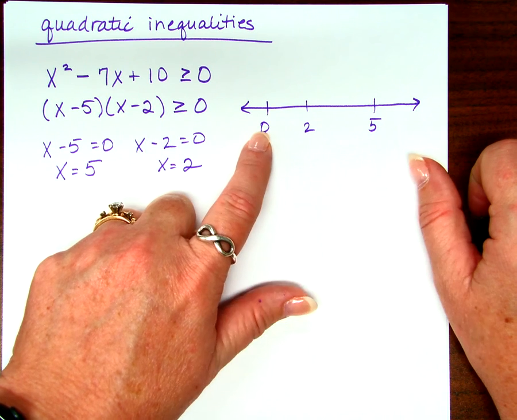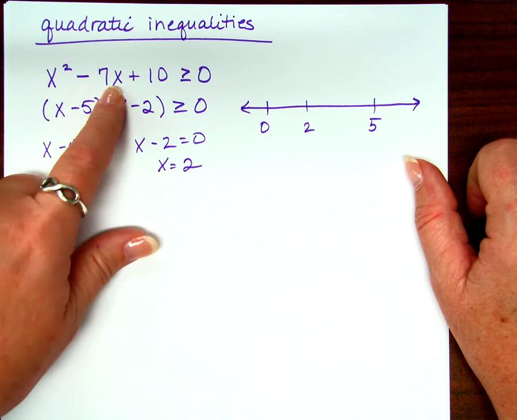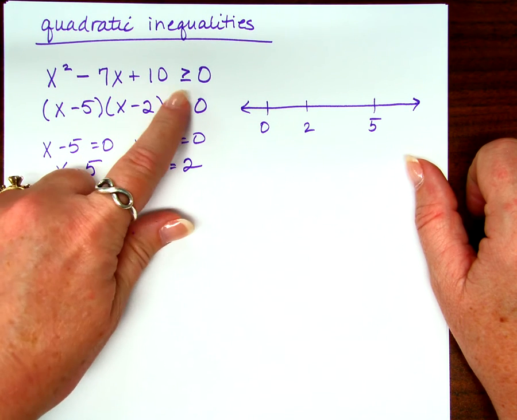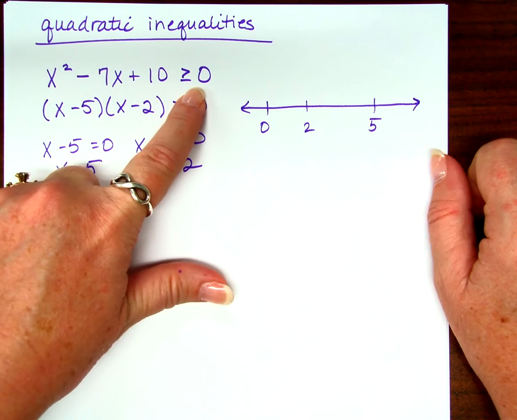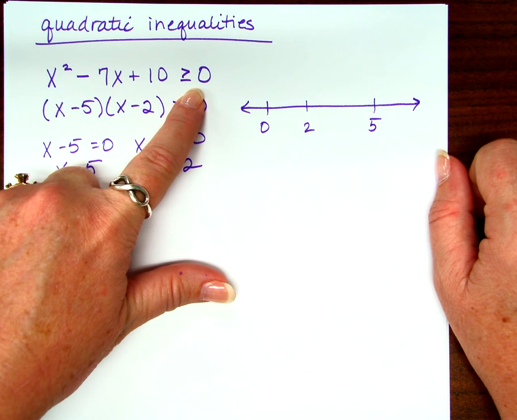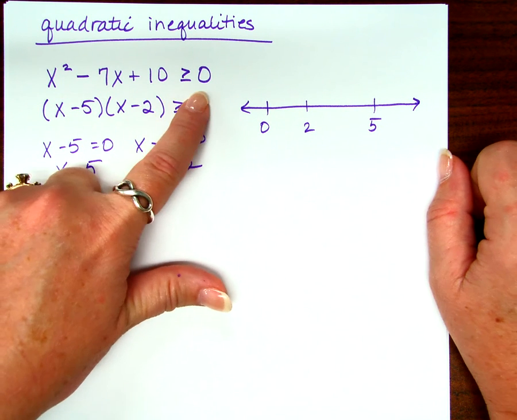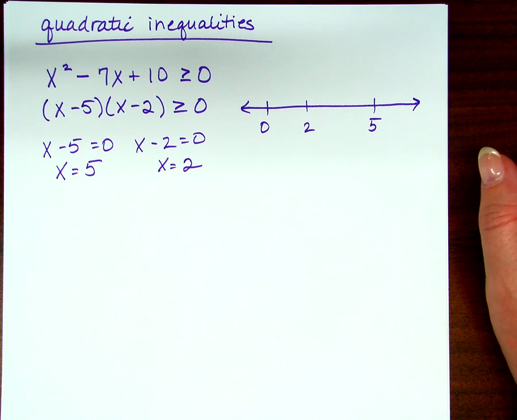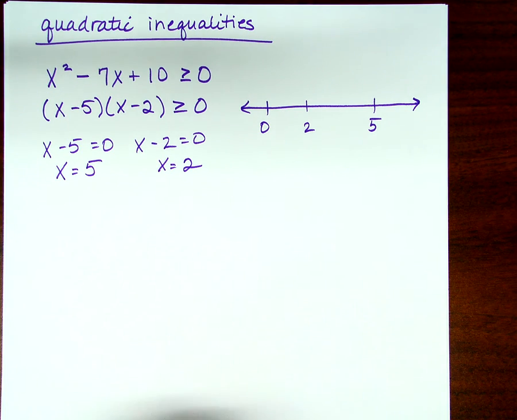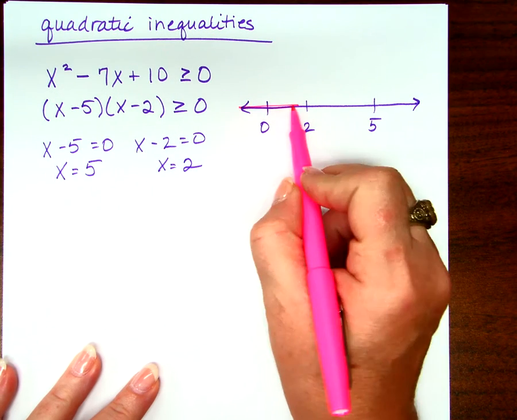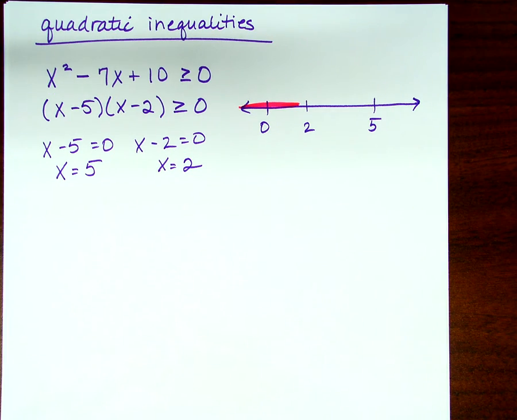Choose a point. 0 minus 0 plus 10. 10 is greater than or equal to 0. Is that a true statement? Is 10 greater than or equal to 0? Yes, it is, right? So wherever the 0 is, that is part of the solution. So for sure, part of the solution is right there.